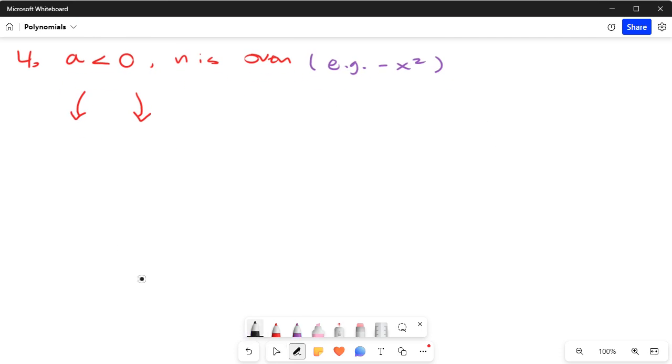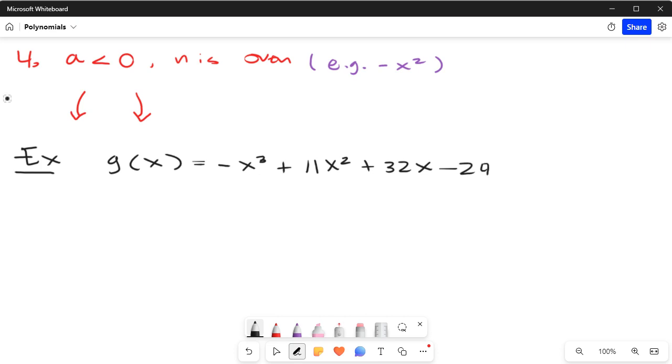Now, if you needed to describe the end behavior of a polynomial, like if you had a polynomial like g of x equals negative x cubed plus 11x squared plus 32x minus 24, then it is of value that you would recognize that this is a cubic polynomial, but more or less, you just have to determine what the coefficients are.